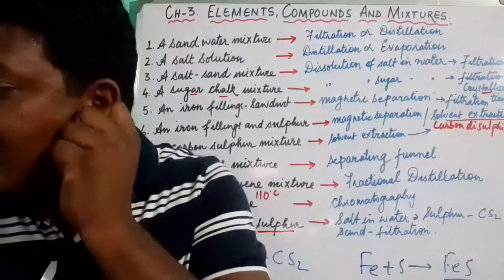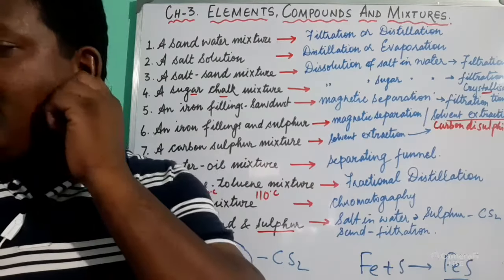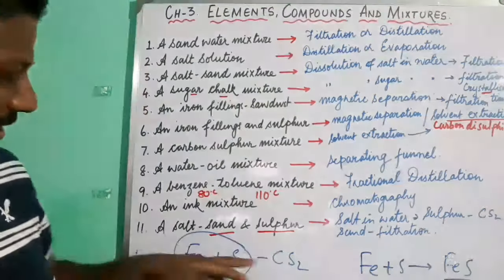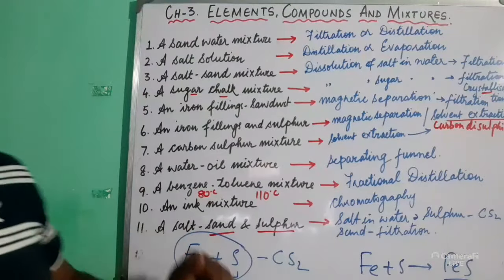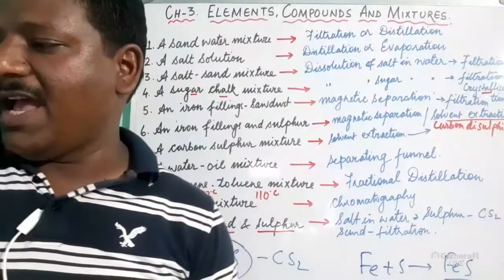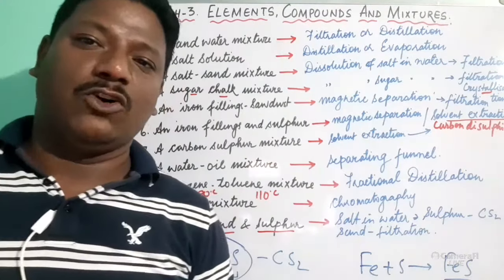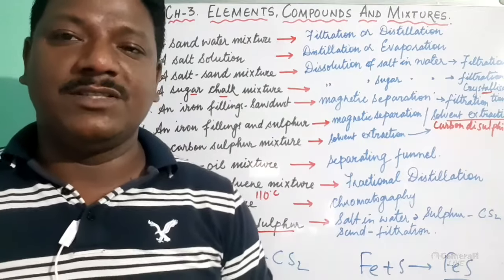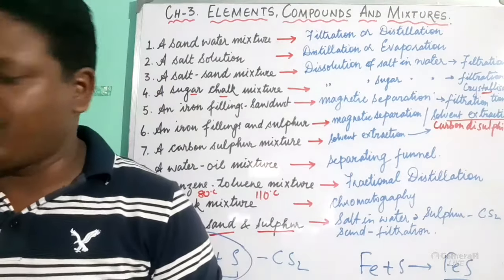Then question number 7, a mixture contains carbon, sulfur and nitre. How would you separate them? Already I had explained over here how to separate the carbon, sulfur and nitre. Nitre is potassium nitrate.